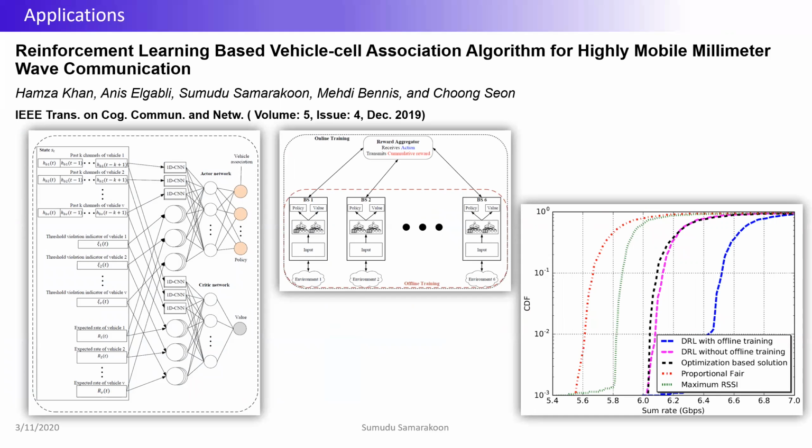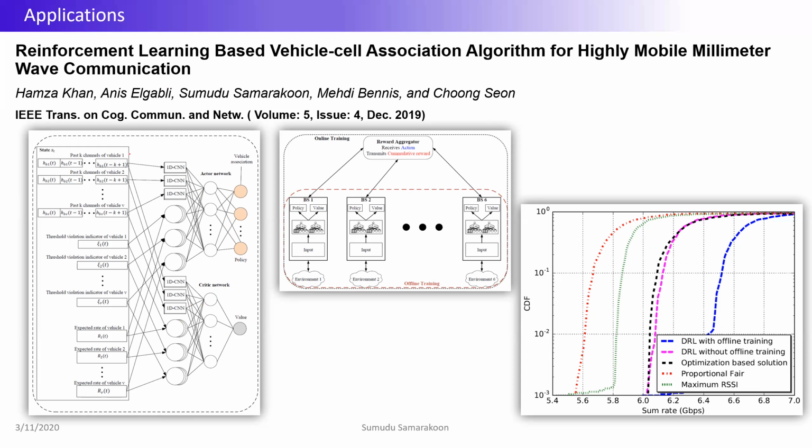An actor-critic approach is used to solve this reinforcement learning problem. The actor network generates the policy while the critic network generates the values, because we don't have the actual models for this policy and value generation.